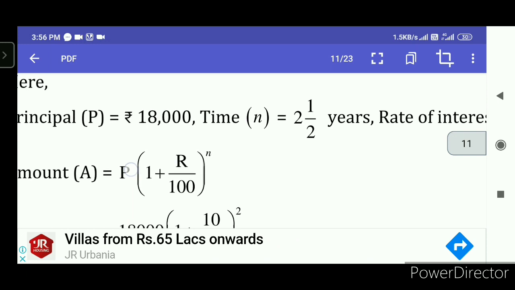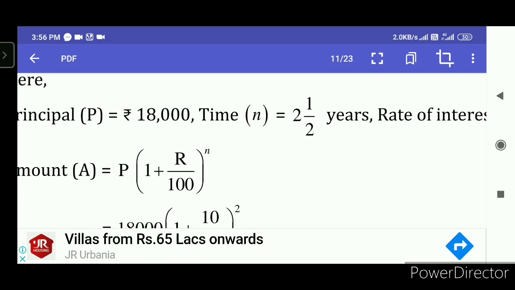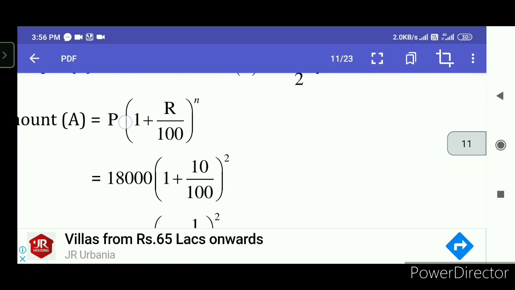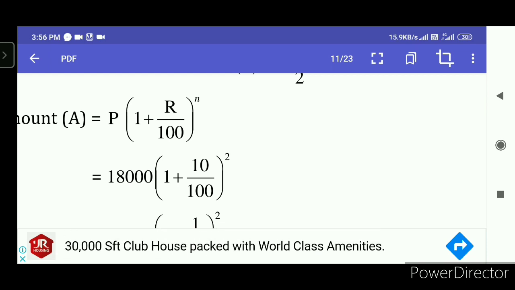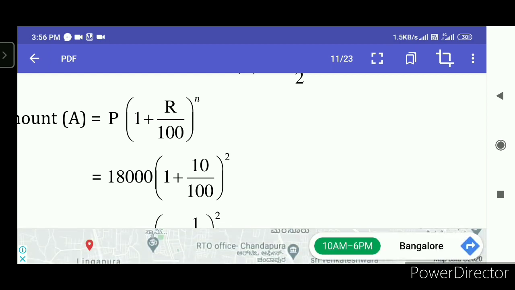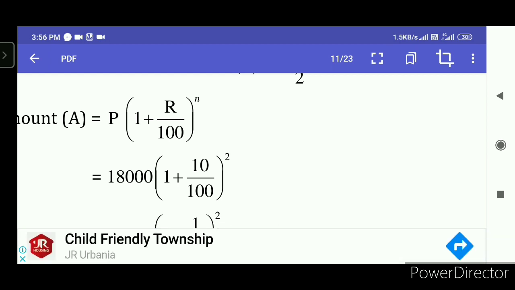Here the time is given as 2.5 years, but we have taken only 2. The half year we will find separately. We should take only whole numbers for compounded annually. Half years we have to calculate separately using the simple interest formula.